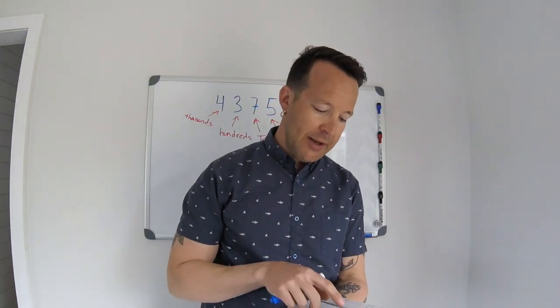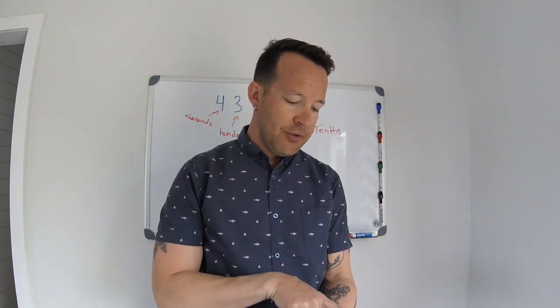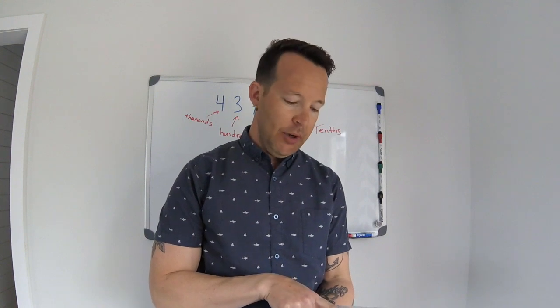Question 6 is to write the place value of the digit 3 in the number. First underline the digit 3 and then tell us what the place value is. All right, let's look at a few of these. A, 2,361.9.